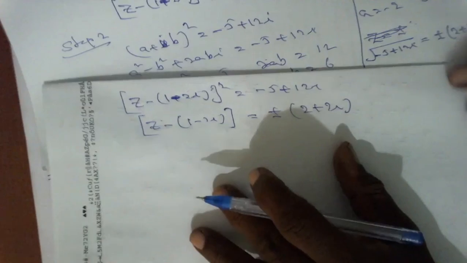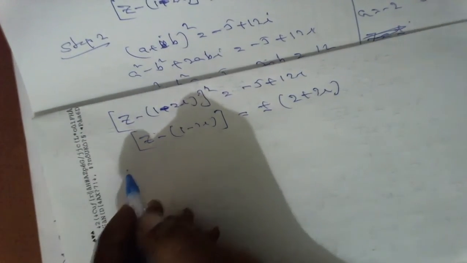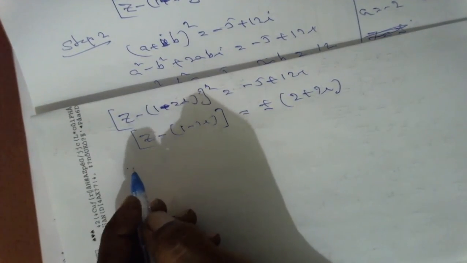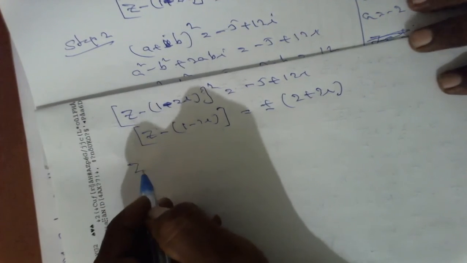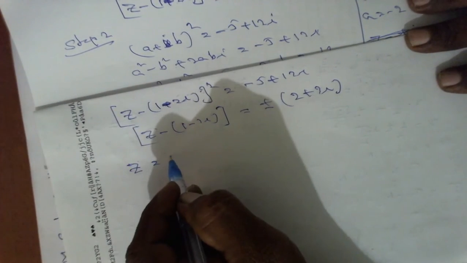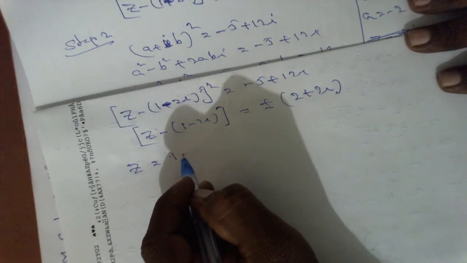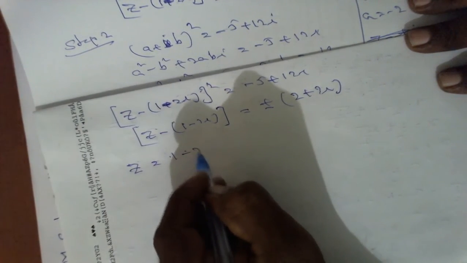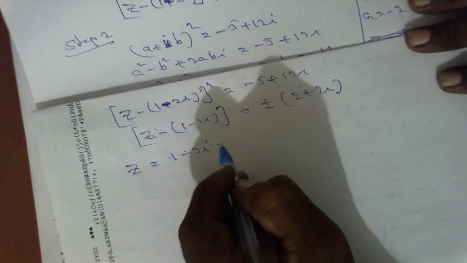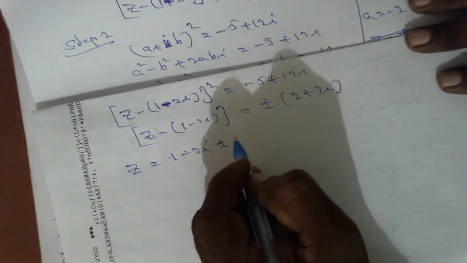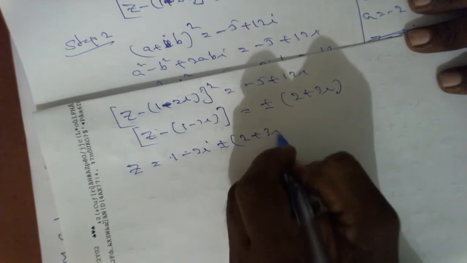So you can find two roots: z equals 1 minus 2i plus or minus (2 plus 3i).